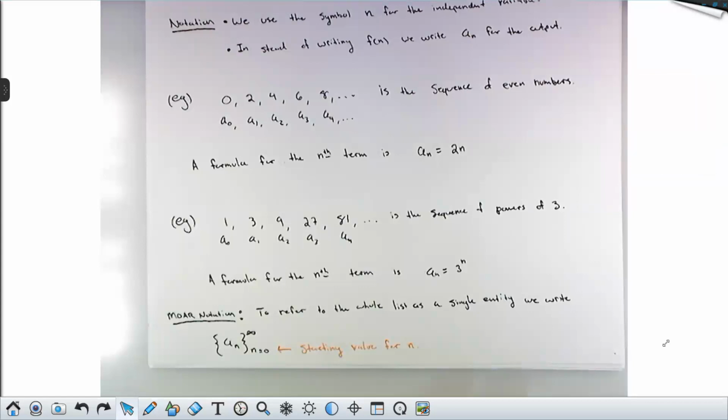So we're not going to beat the notation to death then. We'll just do one of these really quick, and then we're going to start talking about what it means for a sequence to converge. Look at some graphs.